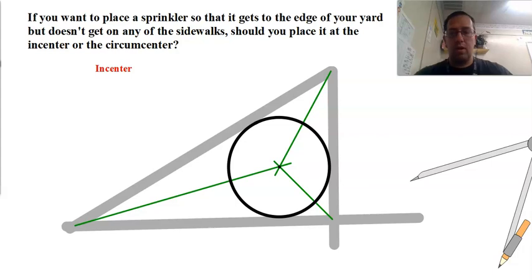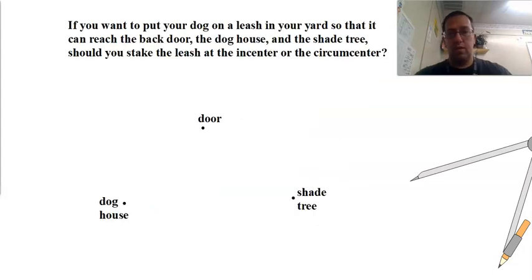All right. Another thing you can do with this, let's say you want to put your dog on a leash out in your yard, and you want to make sure that the dog can reach the doghouse and the shade tree because you don't have a fence. So you've got to leash it down somewhere. Where are you going to stake your leash? At the incenter of these 3 points or at the circumcenter of these 3 points? Well, let's see. These are 3 points on a triangle.